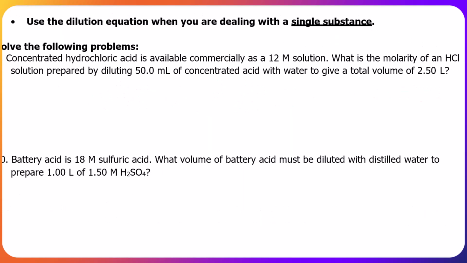I want to remind you that the dilution equation is what you use when you're dealing with a single substance that you're diluting. We are going to do problems in just a little bit that are called titrations, and that's very, very different.